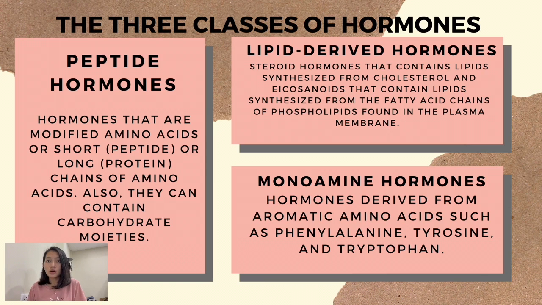Steroid hormones, which form the majority of lipid hormones, are derived from cholesterol. For example, testosterone is produced primarily in the testes and plays a key role in development of the male reproductive system.